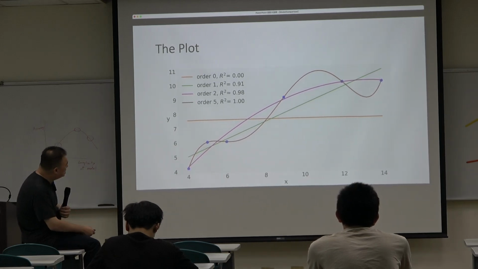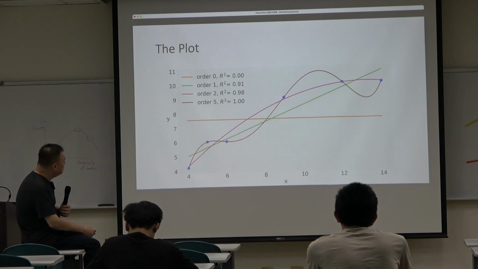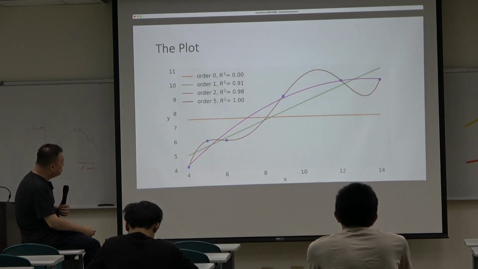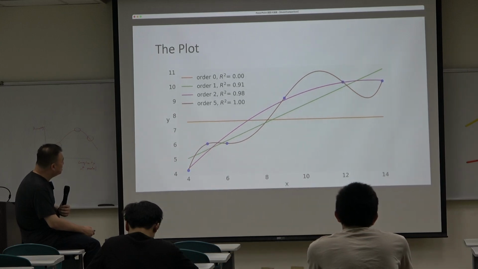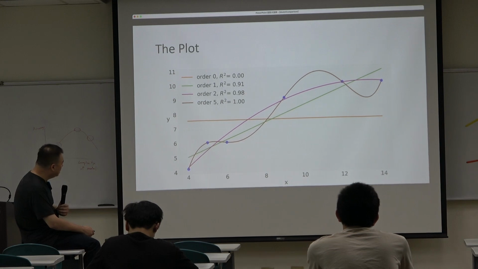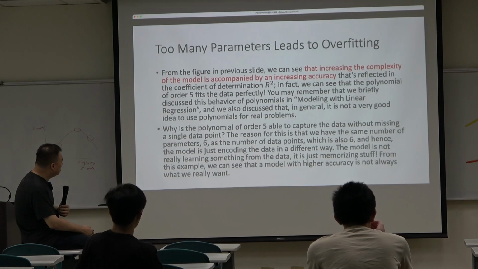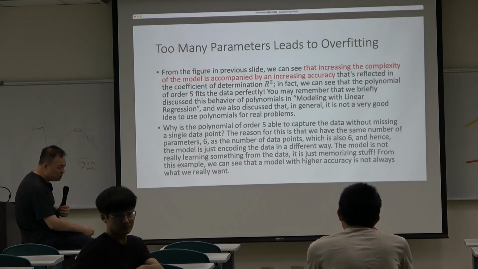So most likely, this model of order 5 does not capture the trend of this data. Although if you evaluate the accuracy of a model by the training data set, this model gives you the most accurate one, this is normally not what we really want.